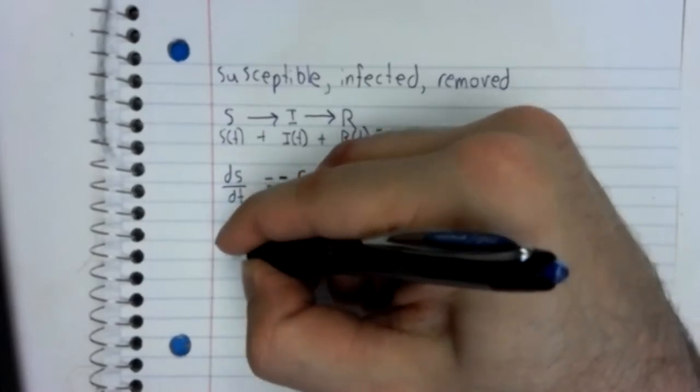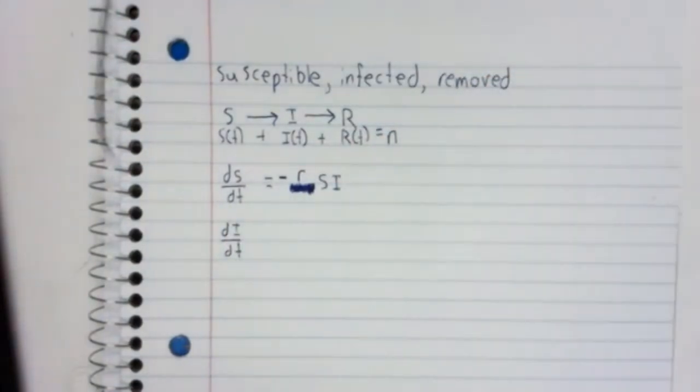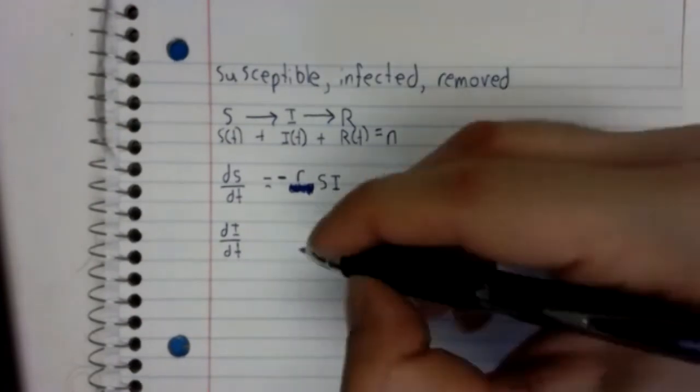dI/dt, the rate at which the number of infected people would change.